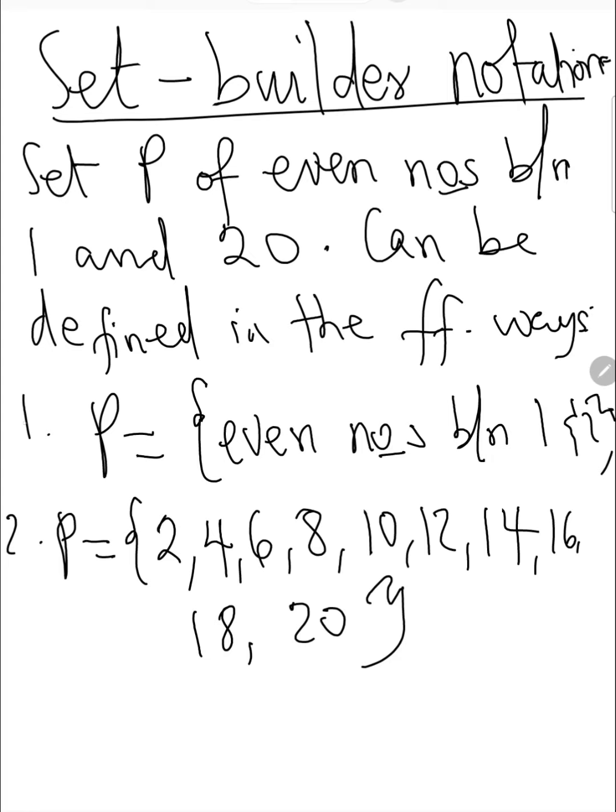So number 1 and number 2, can you see they mean the same thing? Number 1 is saying even numbers between 1 and 20, but number 2 has listed the numbers for us. But because sets have a unique characteristic, they should be well defined, so if anyone sees these numbers, the person must know that they are even numbers between 1 and 20.